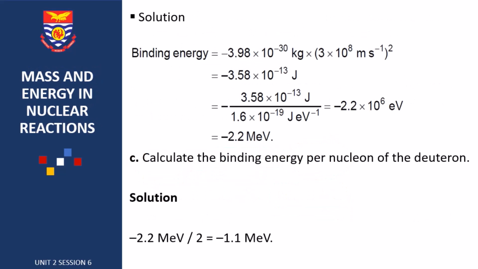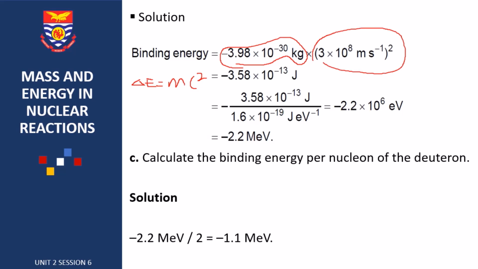To address question B, the binding energy we have learned is given by the change in energy, change in E, which is equivalent to mc squared. So we already have our m, which is calculated in A, and the speed of light, which is 3 times 10 to the power 8.